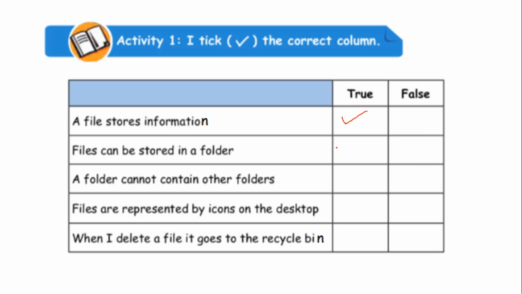Second, files can be stored in a folder. Can we keep files in a folder? We have looked before in this lesson that we can keep files or another folder in a folder.